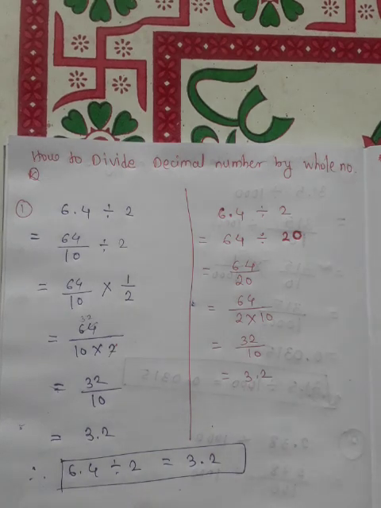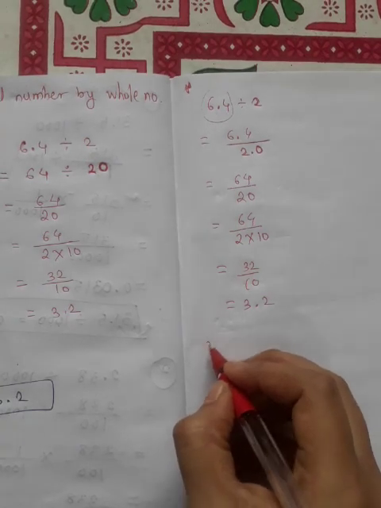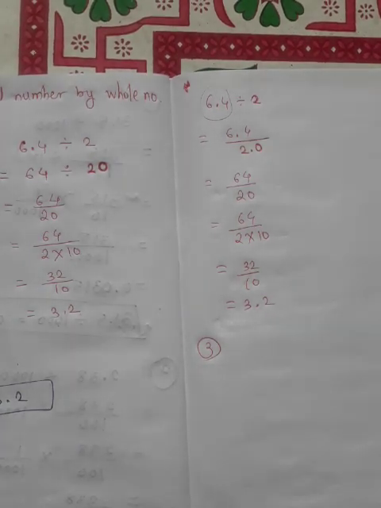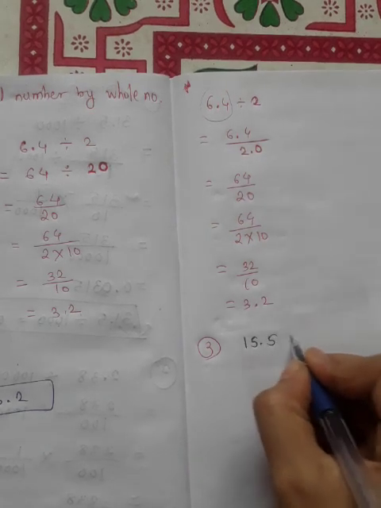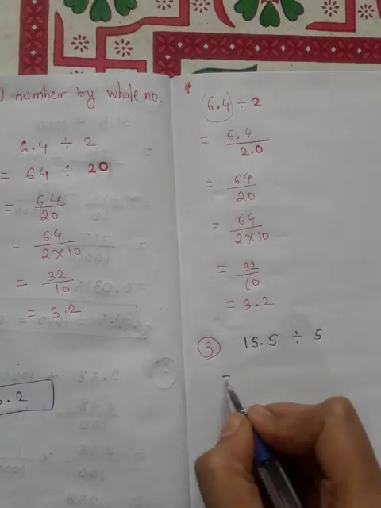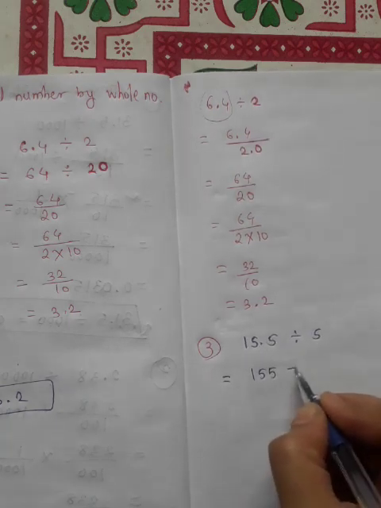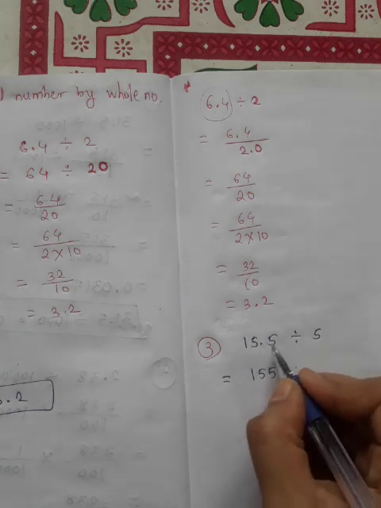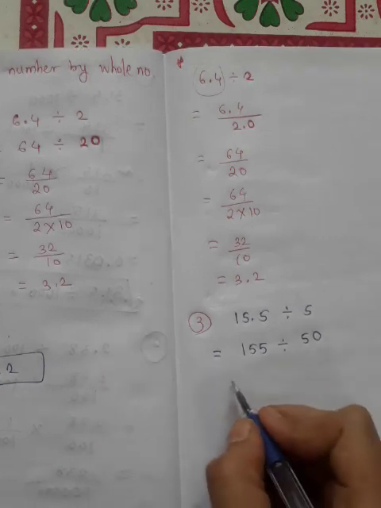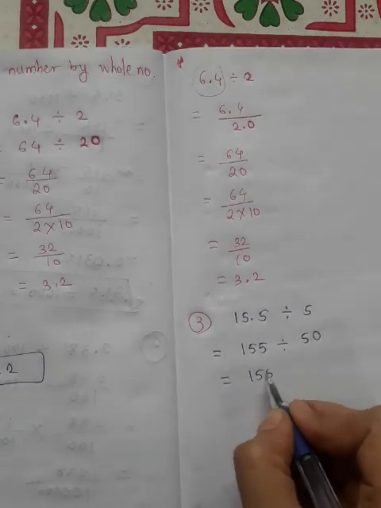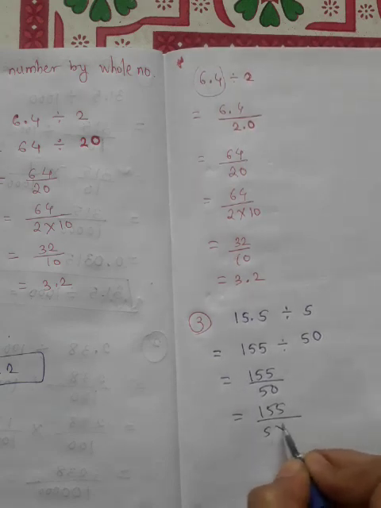Now see, I give you one more example. 15.5 divided by 5. As I explained before, just remove that decimal point and see there is one digit after the decimal point, so put 10 in the divisor and divide it. 155 by 50 means 155 by 5 into 10.